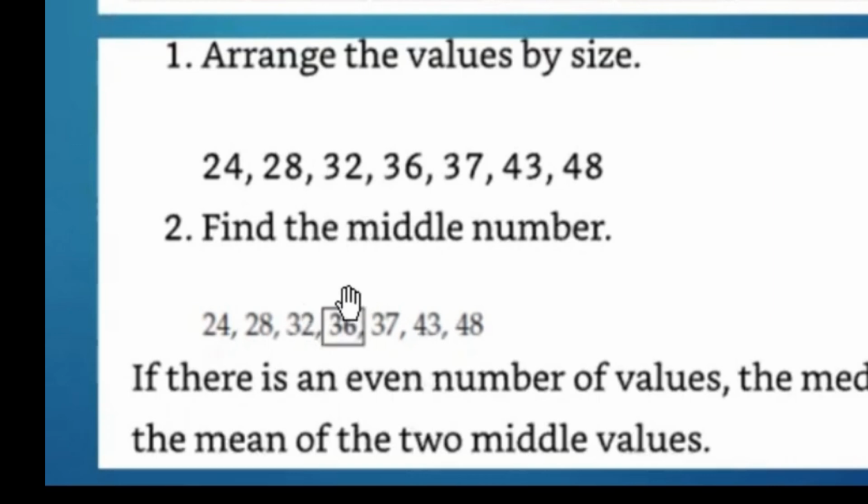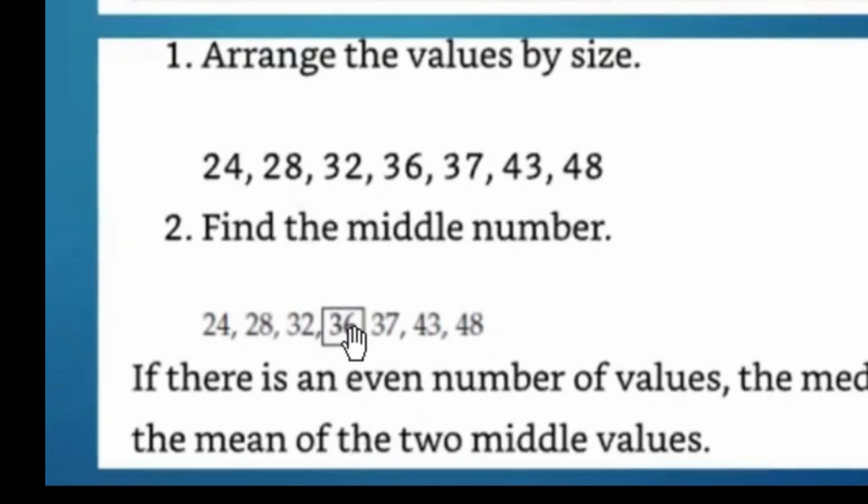And essentially, the median is the mean of the two middle values. And it works out that this is the mean because we ordered our numbers in ascending order, okay? And this again is a measure of central tendency.